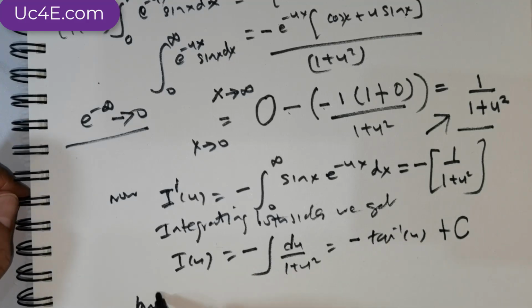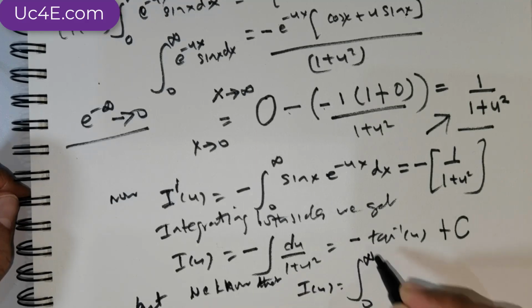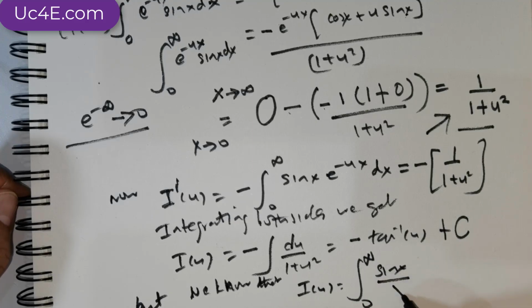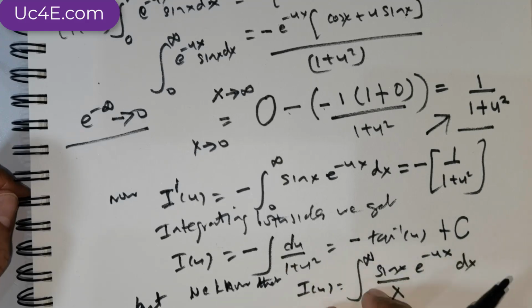But what did we define I of u to be? We know that I of u is equal to integral 0 to infinity sin x over x e raised to the power of negative u times x times dx. This is what we got. So equate both these.